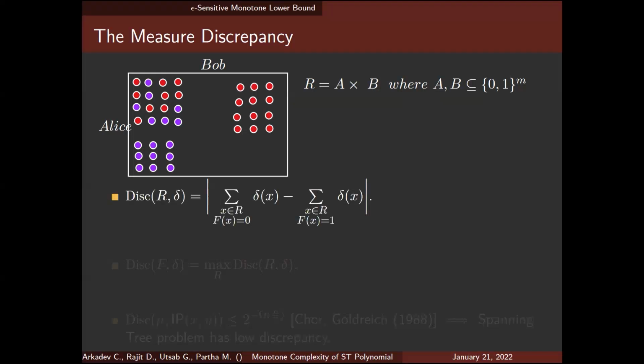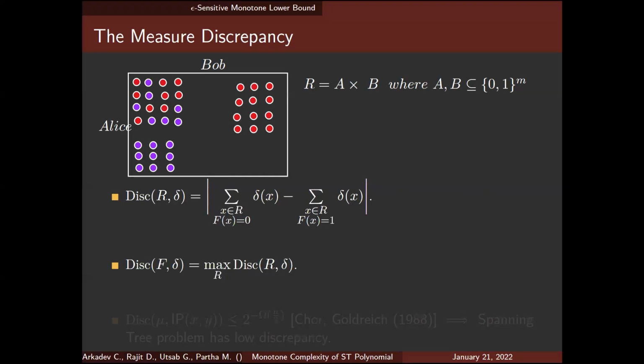Now, the discrepancy of this whole matrix is the maximum discrepancy of the rectangles appearing in this communication matrix. And the discrepancy of this communication matrix under this distribution delta is the discrepancy of this communication problem f.